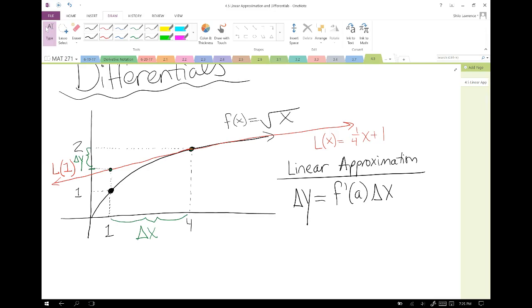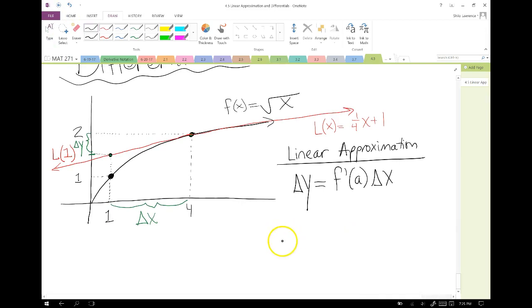A differential doesn't use the delta, it uses the letter D. So let me label this. This is not using the linear approximation, this is using the actual function. But I'm going to call it the differential.